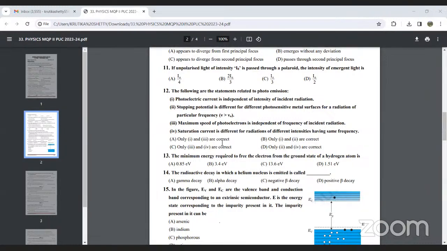So if you say for option C, the photoelectric effect is independent of intensity of incident radiation and frequency of the incident radiation, both are true or both are not true. But we define threshold frequency, no?